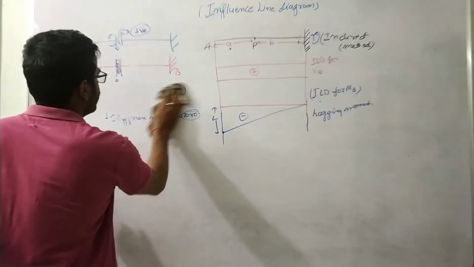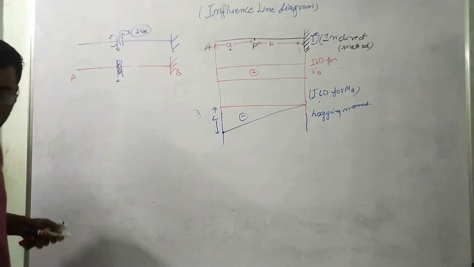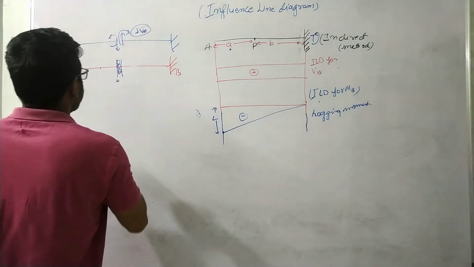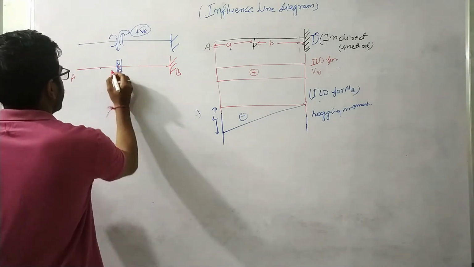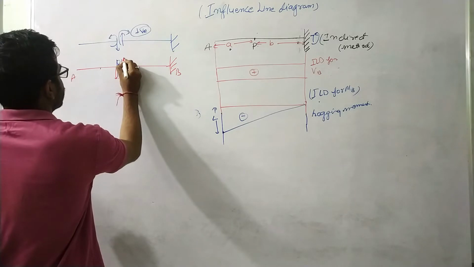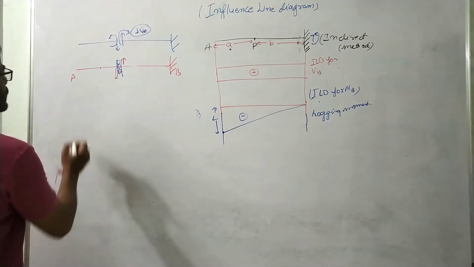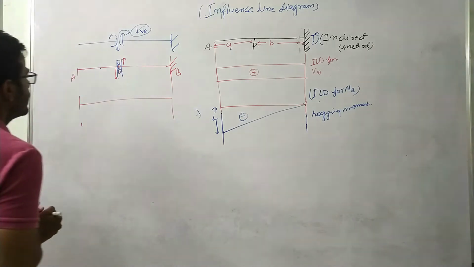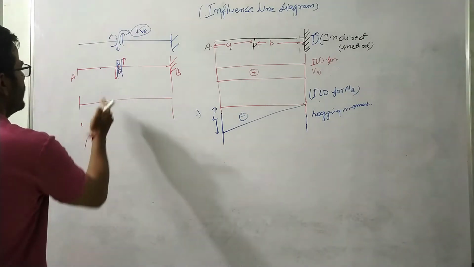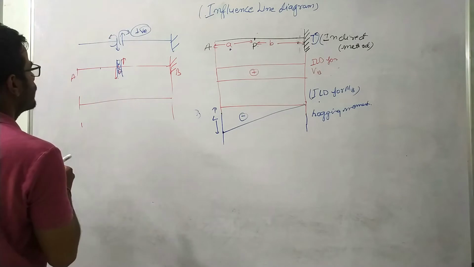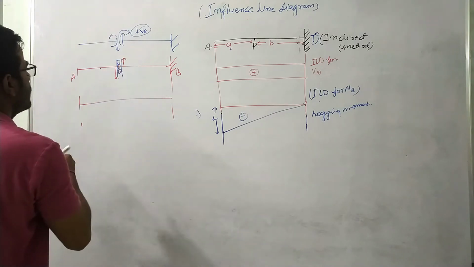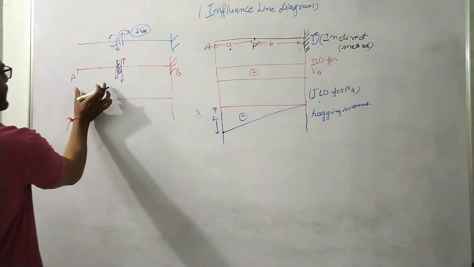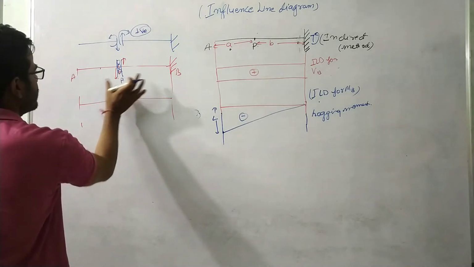So if we apply this concept over here, we will apply unit deformation in this direction and this direction, right? So you can see over here, when we are applying the unit deformation, when we are releasing the shear force at point P, this beam is divided into two members.